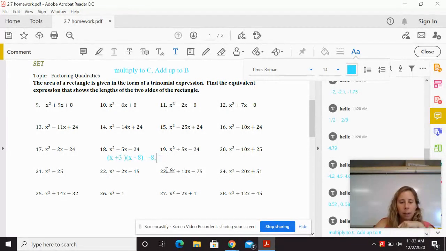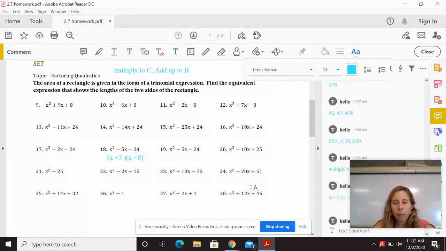Let's do 24. Okay. I need numbers that are going to multiply together to get 51 and that add up to negative 20. 51.